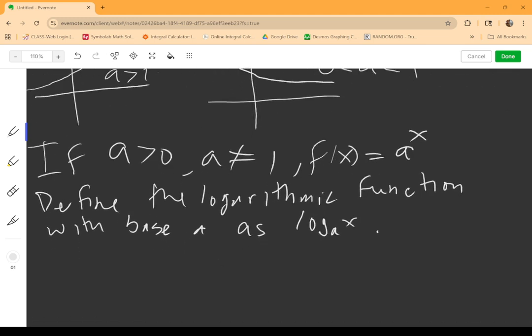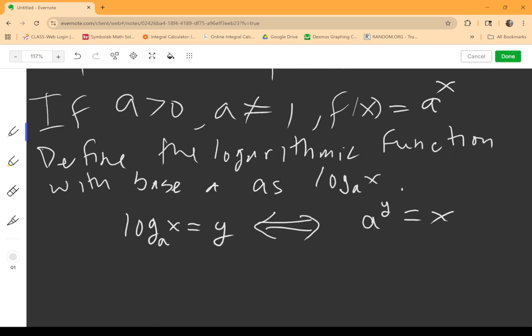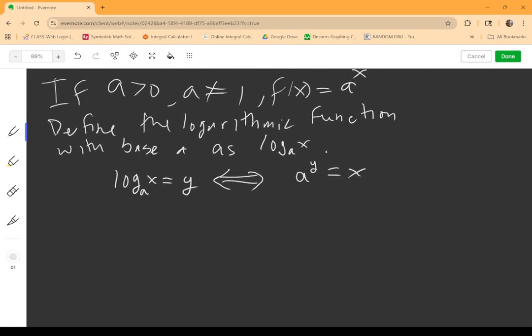So what we have here, thus, is log base a of x is equal to some value y if and only if, because of the nature of inverses, a to the y is equal to x. And in particular, log base e of x is what we've been calling the natural log of x.